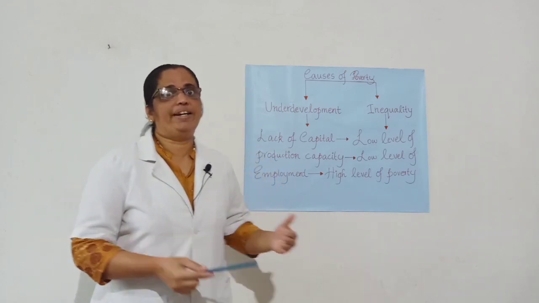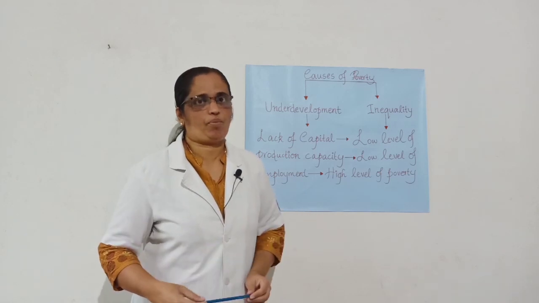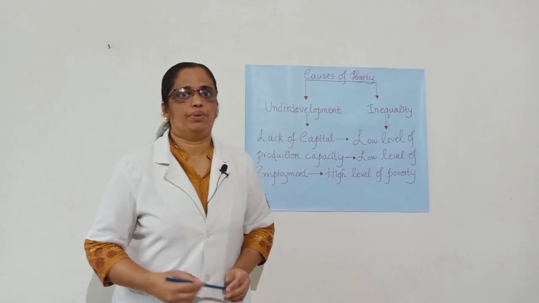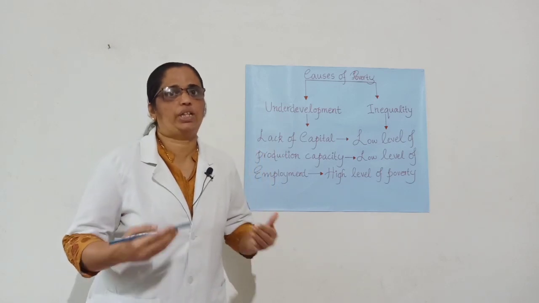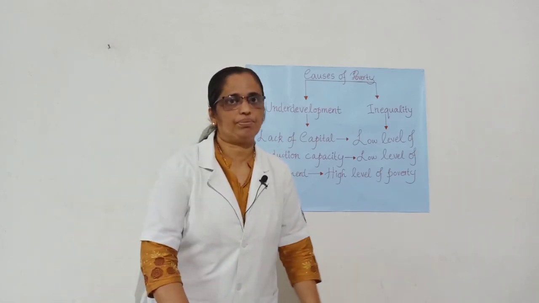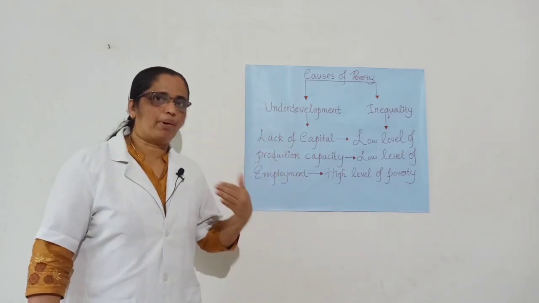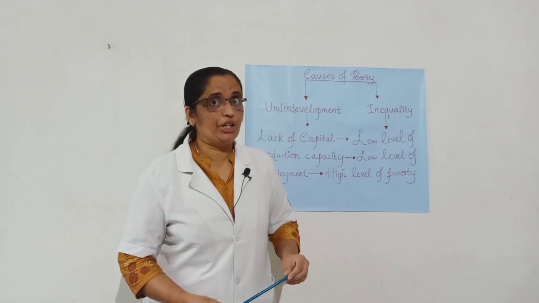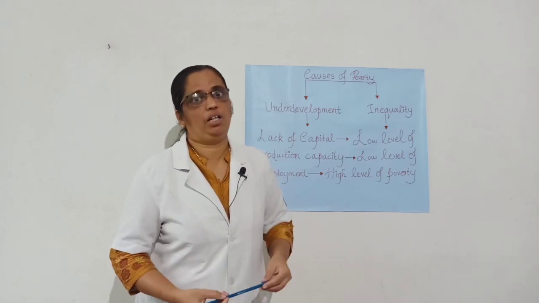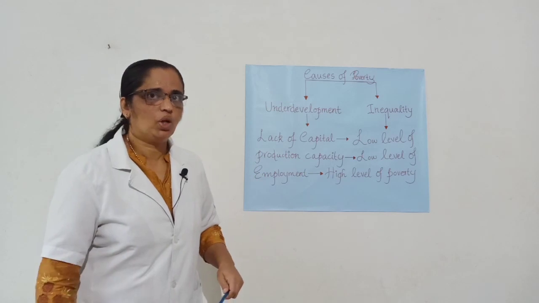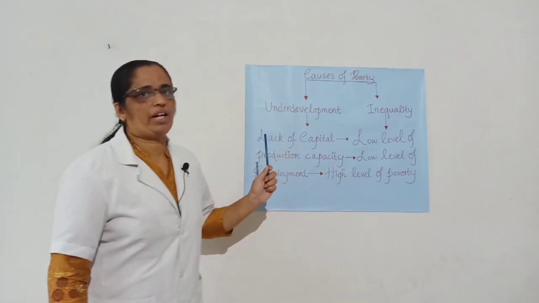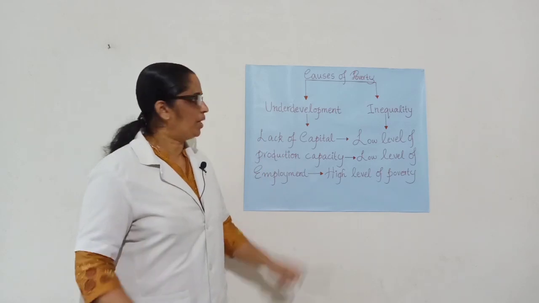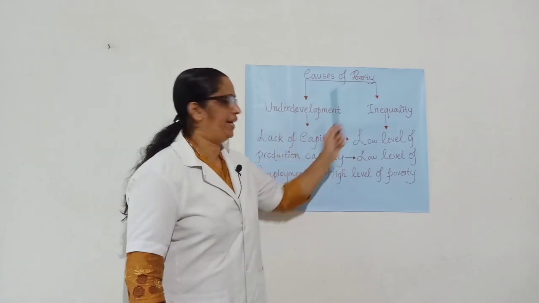The number of billionaires has been increasing, but the poor people still continue their struggle for survival. So these are the two important causes of poverty in India: underdevelopment and inequality.